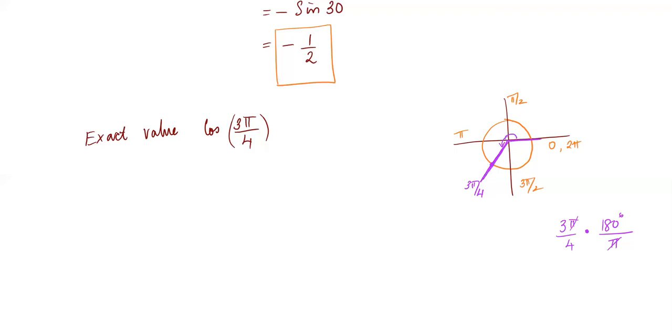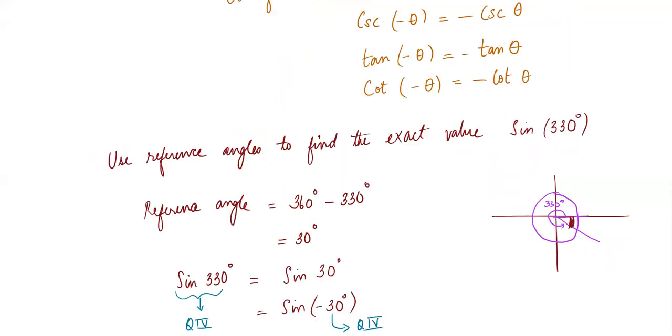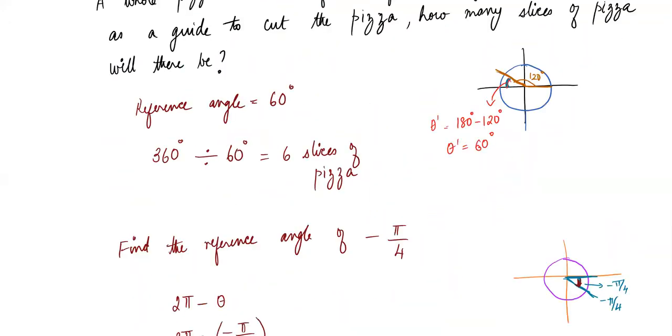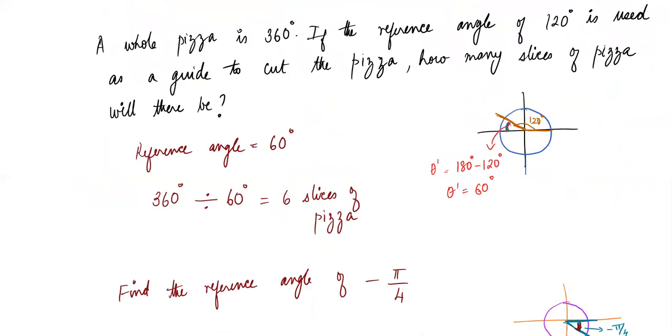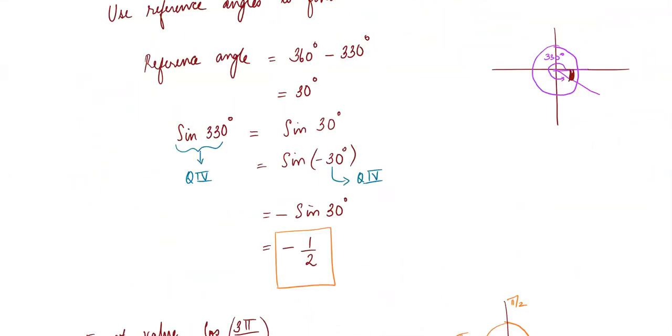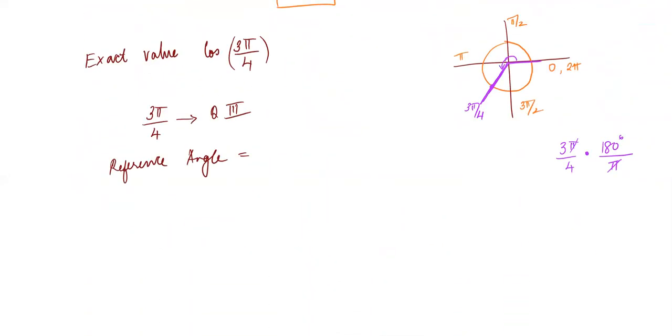All right, so this is in the third quadrant, in quadrant 3. So for reference angles in quadrant 3, let's go to that chart. For quadrant 3, the reference angle says do theta minus pi, because it's more than 180 degrees. It always has to be from the horizontal axis.